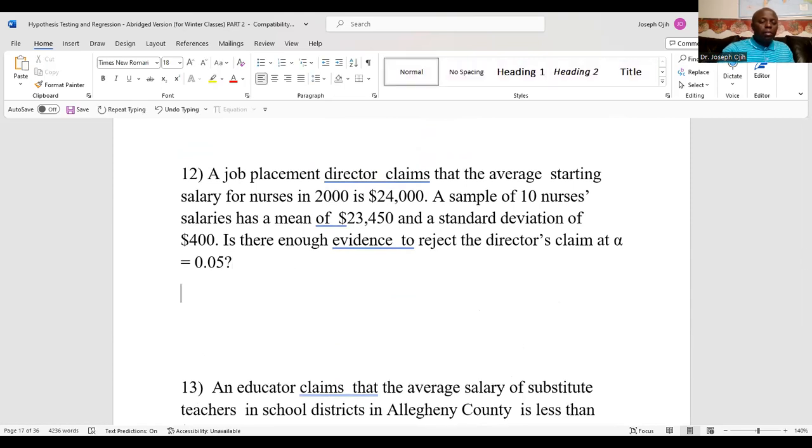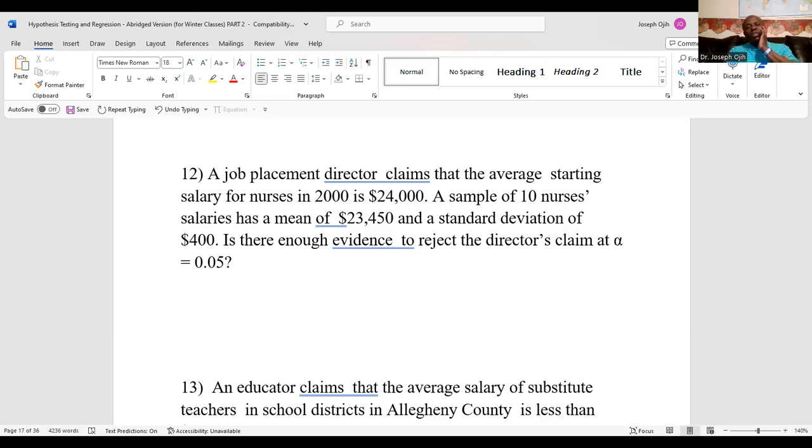Let us try this example. A job placement director claimed that the average starting salary for nurses in 2000 is 24,000.